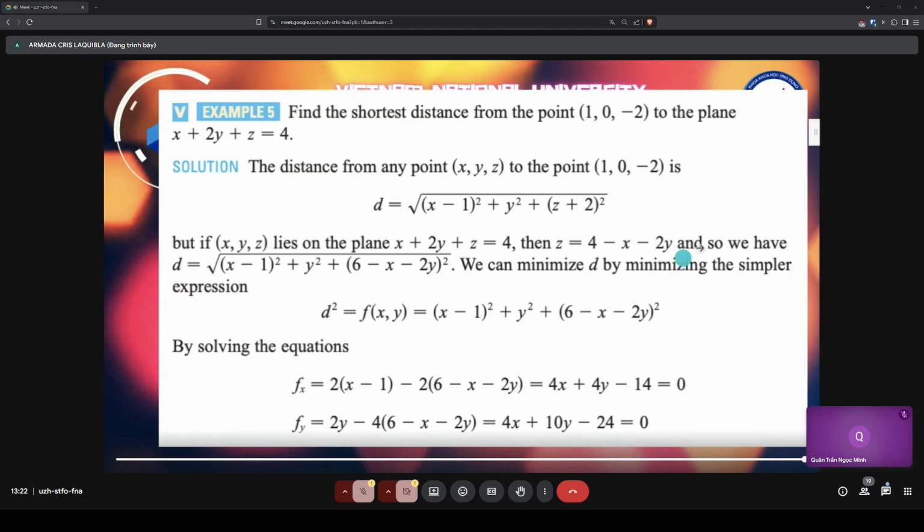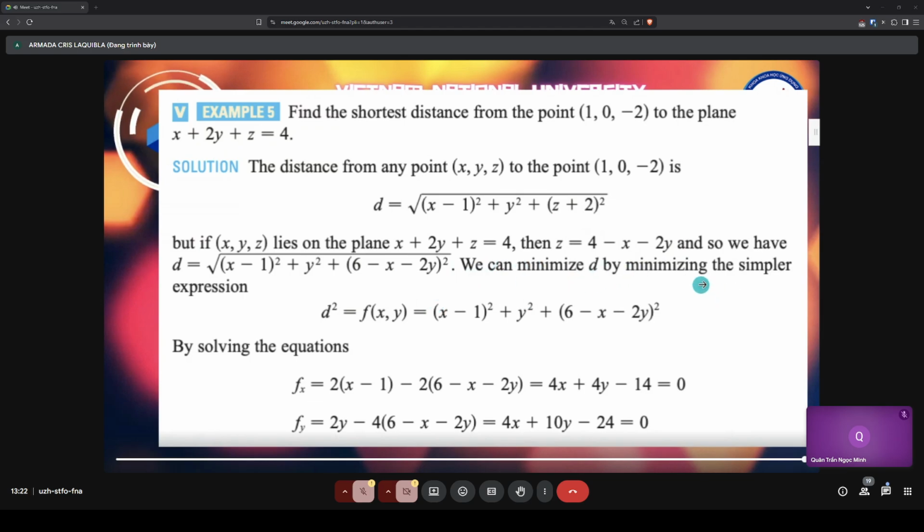Since z is this, you substitute it here so that your distance formula contains only x and y. So we have 4 - x - 2y plus 2; the 4 becomes 6. That is why it's (6 - x - 2y) squared.